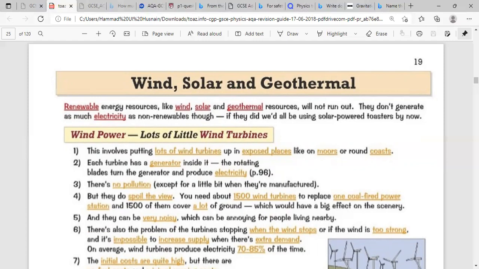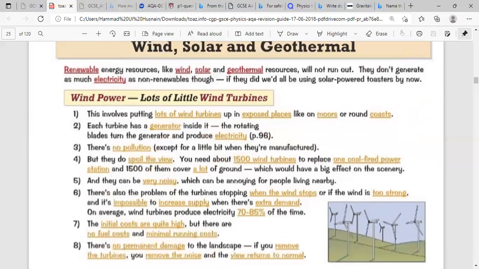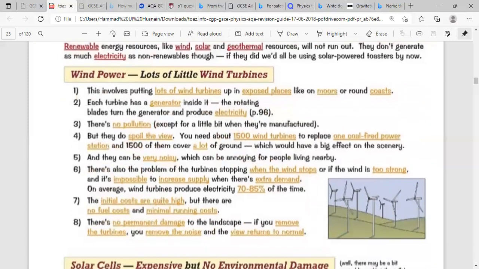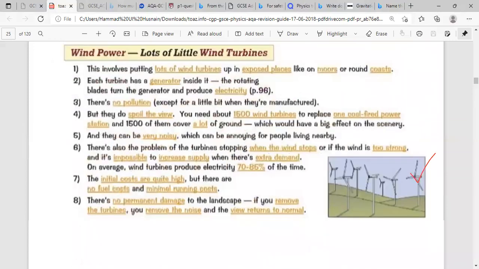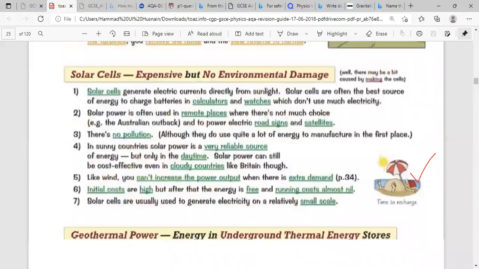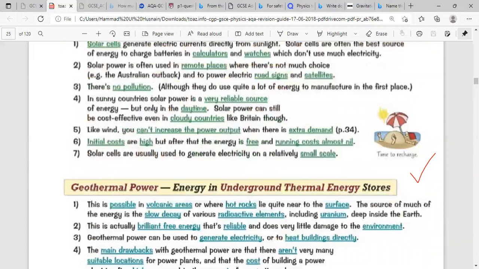Similarly, we have discussed the solar energy and the geothermal energy. This is a figure in which you can see that the wind energy is being converted to electricity. So in the next class we will discuss these types of energy resources in a bit more detail, about the solar cell and geothermal power.